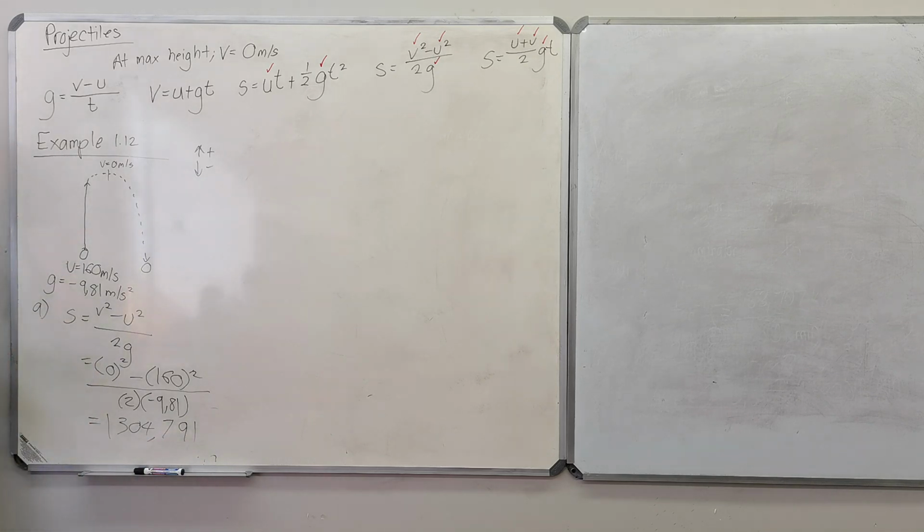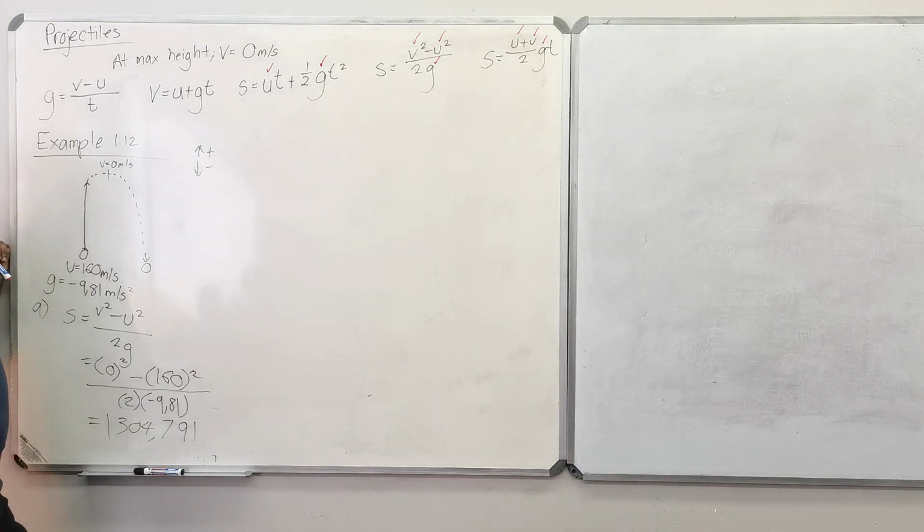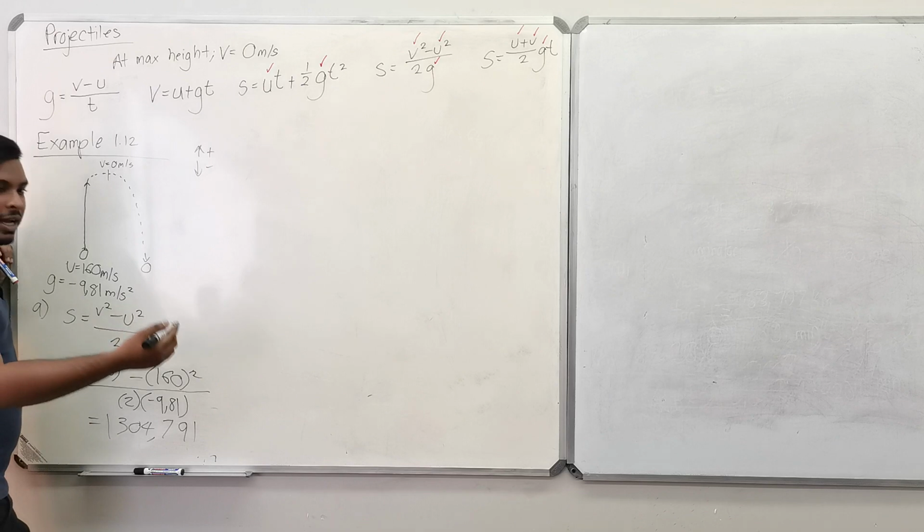Because it's displacement, what will the units be? Remember the minus is here. This here becomes 0 minus the squared value, so this value becomes a negative value, and this one over here will also be a negative value. So you just cancel. What's your unit? Meters, right? Because it's height.